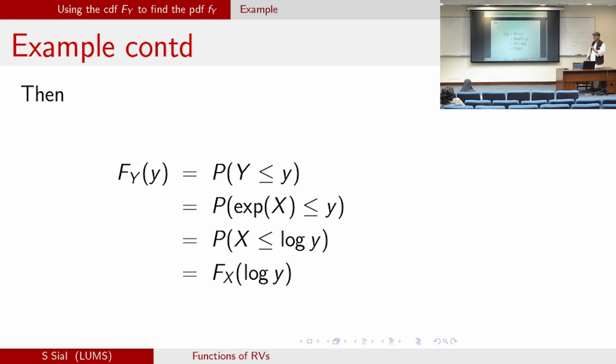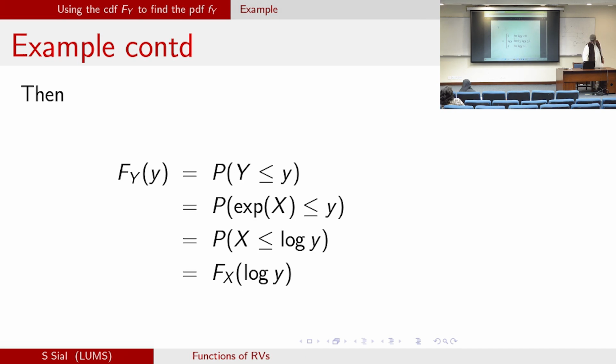Well, if the exponential of x is less than or equal to y, then x itself is less than or equal to the logarithm of y. So this is just the CDF, the probability that x is less than some value. So this is the CDF of x evaluated at logarithm of y.